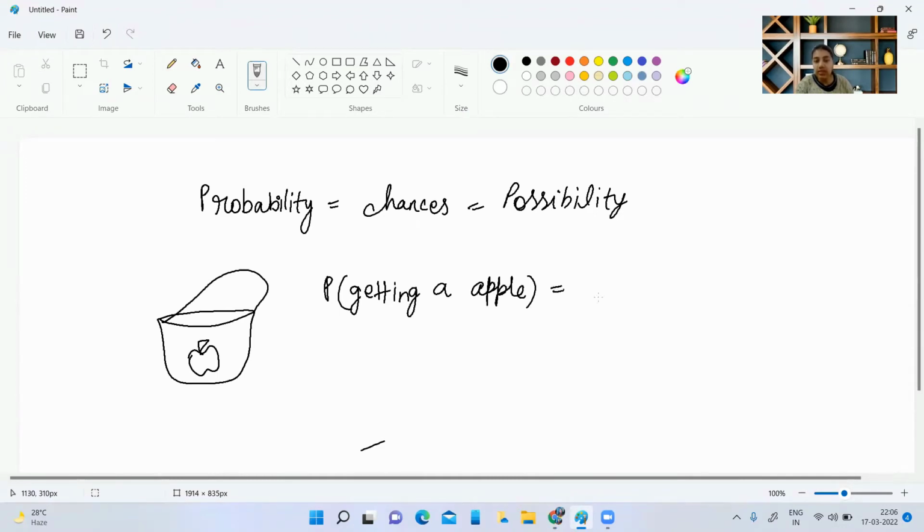So you will say the probability of getting an apple is 1, because whenever you put your hand inside the bag, you will get an apple. That's so simple. What if I ask, what is the probability of not getting an apple?